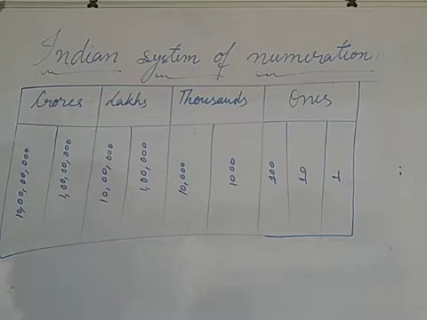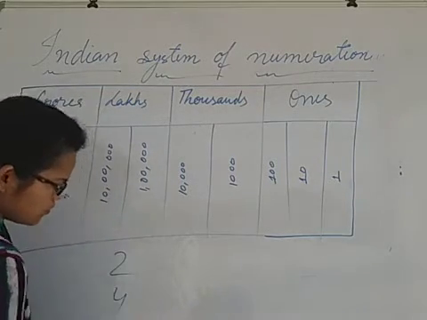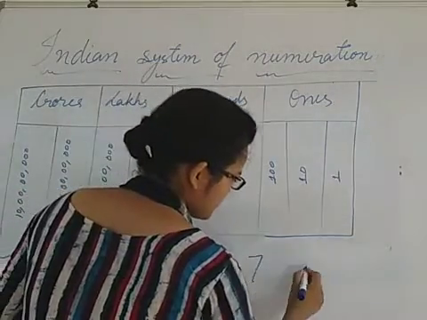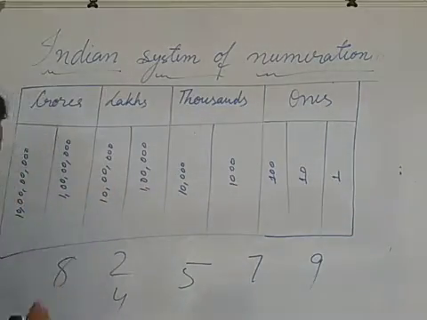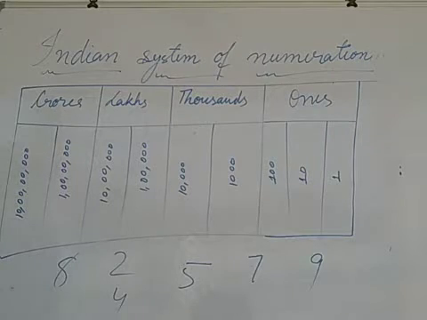If we write the number 2, 4, 5, 7, 9, 8, it is easy to recognize and read out.